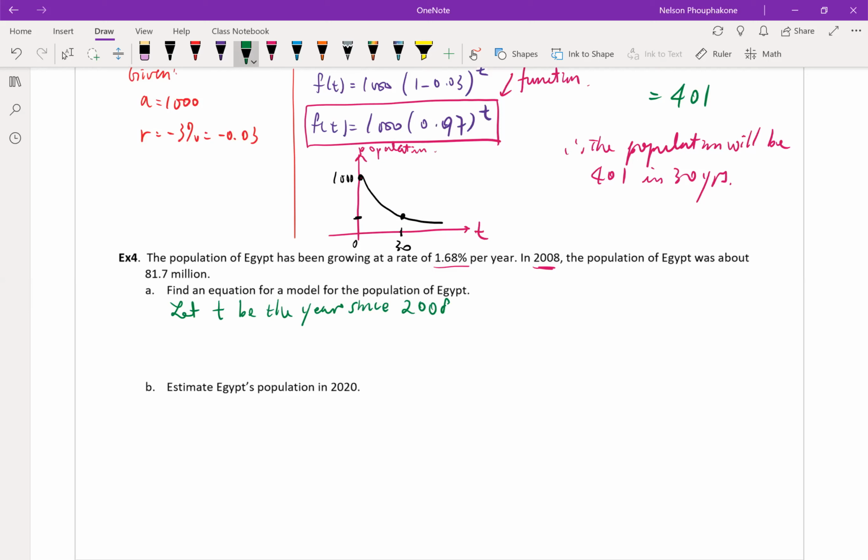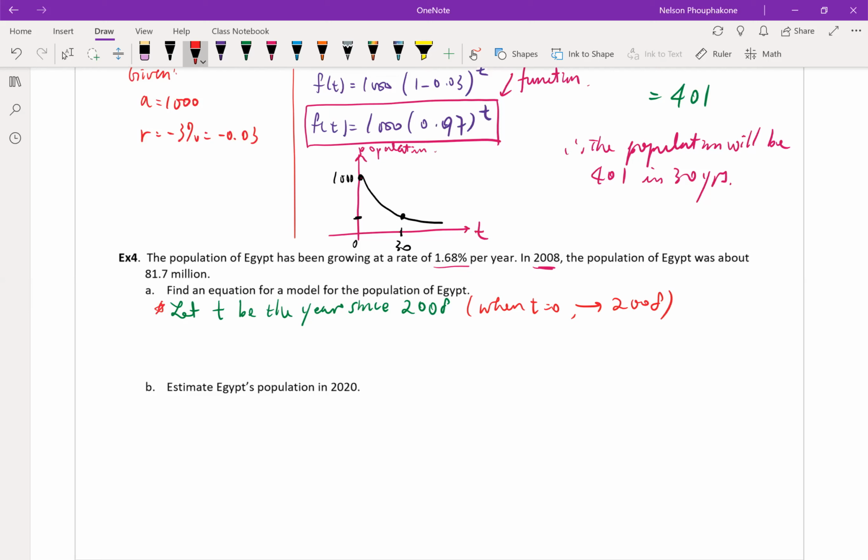What does this mean? It means that when t equals 0, it corresponds to the year 2008. This statement right here is really important to do this problem. Once I set that up, I use 2008 as my initial value.